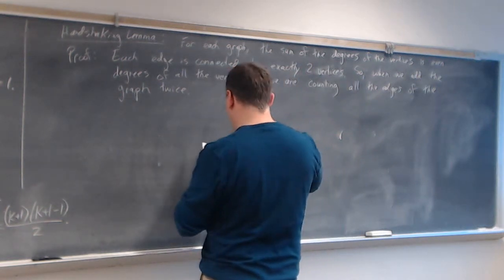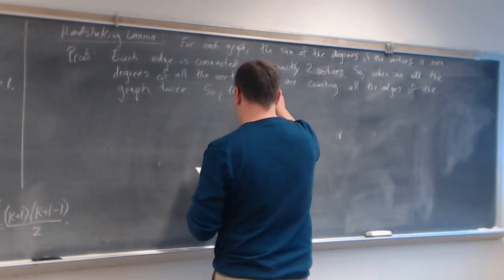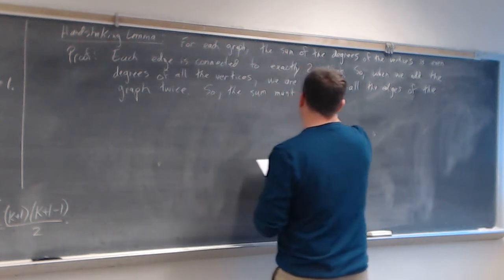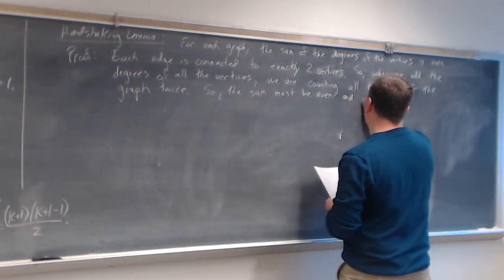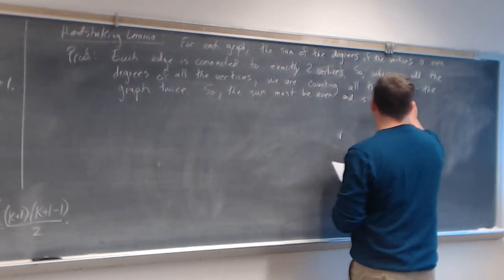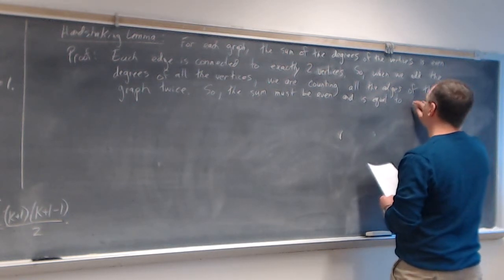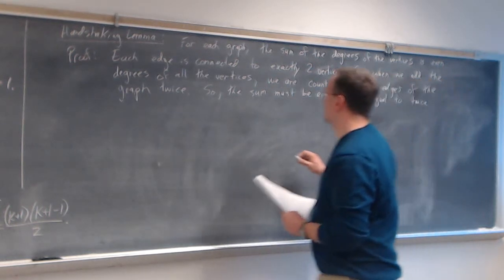So we see that the sum must be even, and further, it's equal to twice the number of edges.